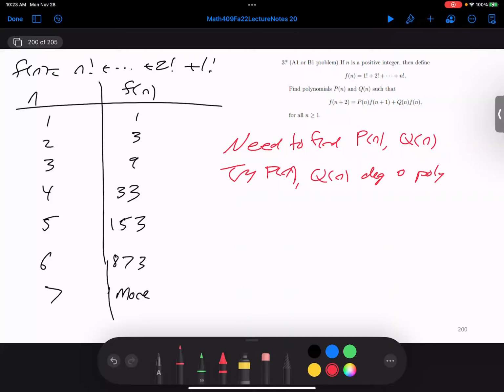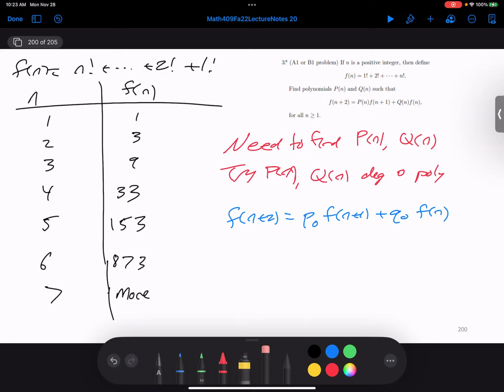All right, so I would want, in this case, F(n+2) to be, say, P0 F(n+1) plus Q0 Fn. How many choices of n will I need to figure out what P0 and Q0 could be? I need 2, right?